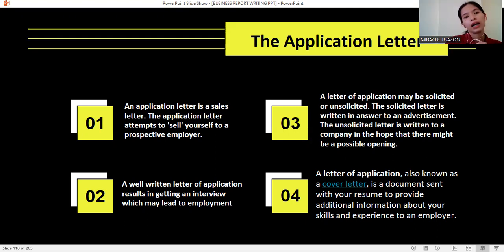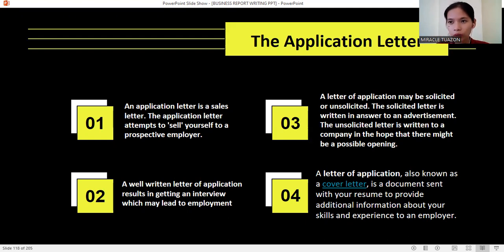Next one, a letter of application may be solicited and unsolicited. When we say solicited, you are asking for something. So, a solicited application letter is written as an answer to an advertisement or a response.